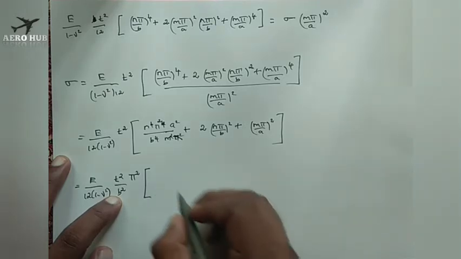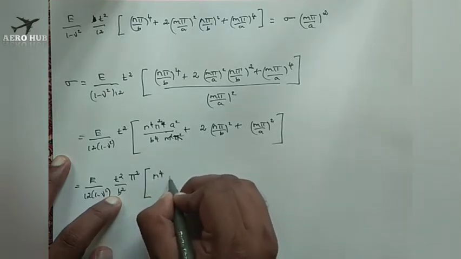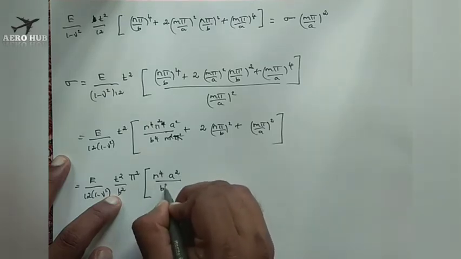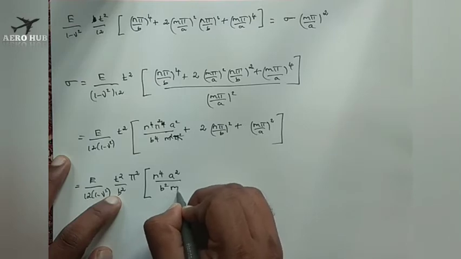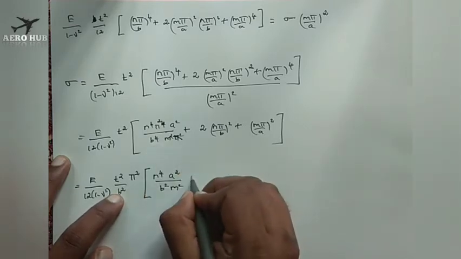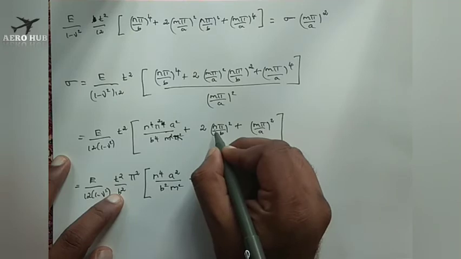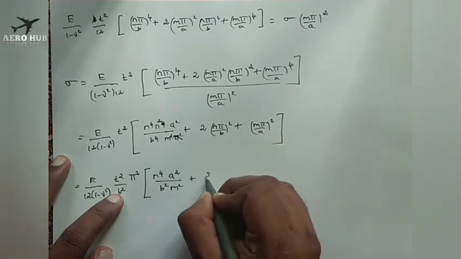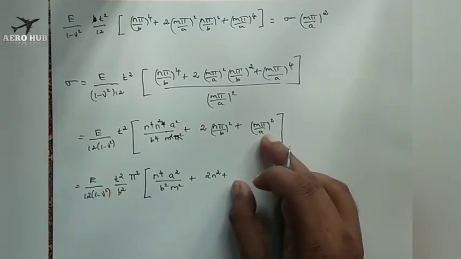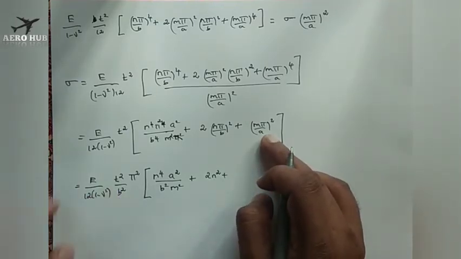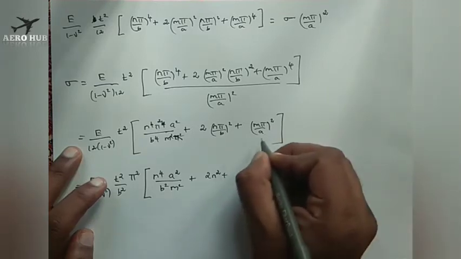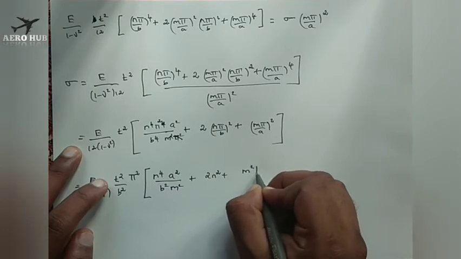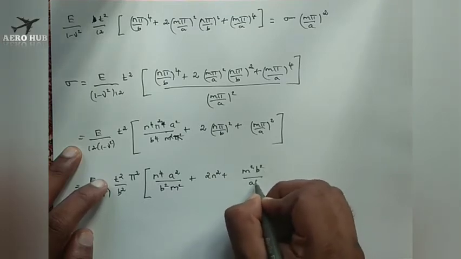So this will be n power 4 a square by b square m square. I am taking b square outside plus I have taken pi square outside and b square outside, so it will be 2n square, and in this term I have taken pi square outside and there is no b term here, so it will be m square b square by a square.